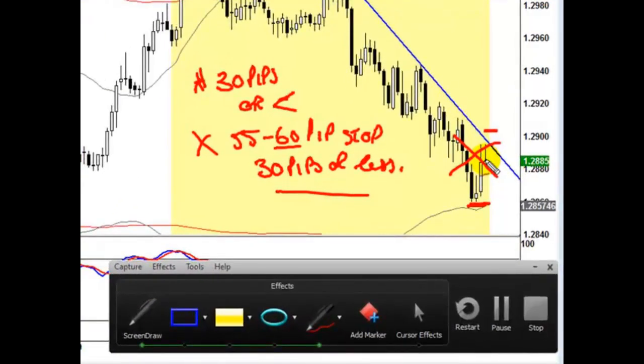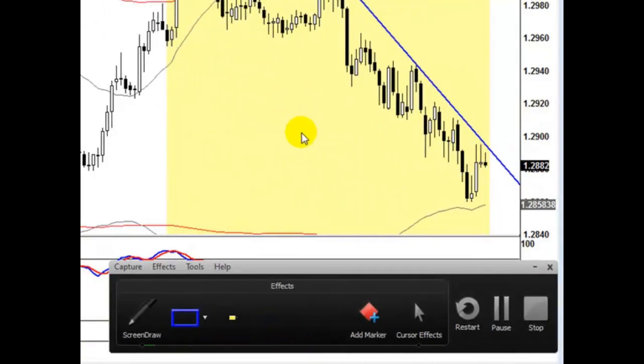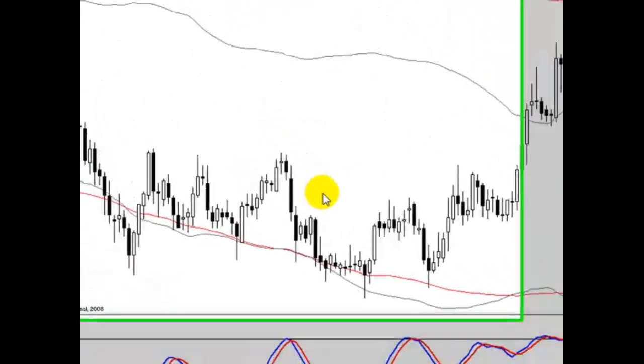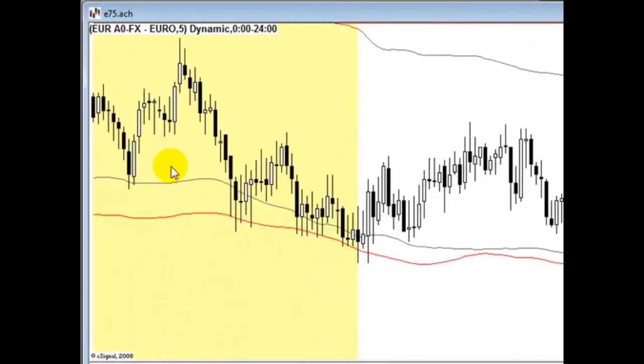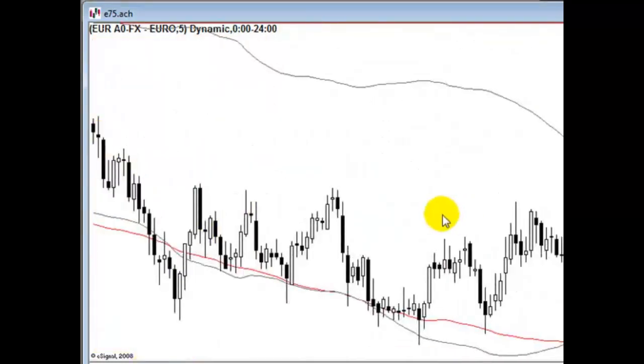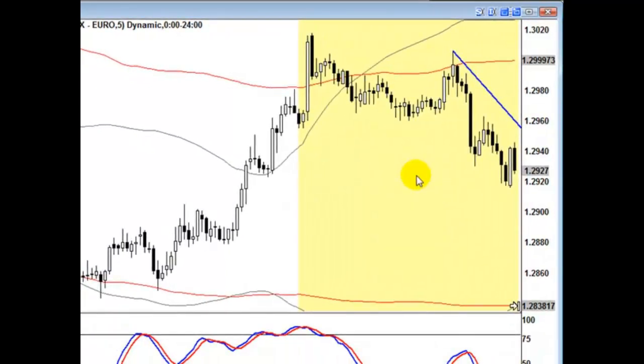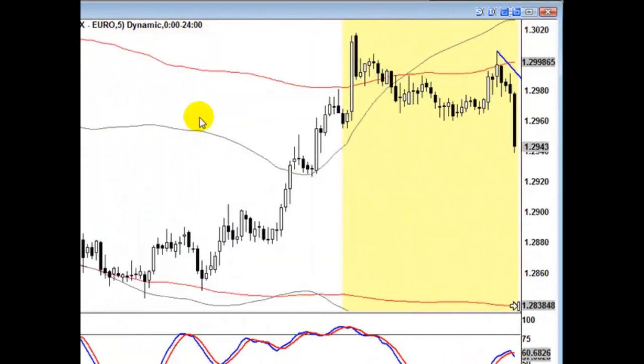Okay, now I'm going to show you an example of the entry and where the stop loss should be. I'm going to give you a couple of other examples. So this is the key. Just remember, we want the stop loss 30 pips or less. So let's go and have a look at, we did have a couple of other trade entry examples, and we might not get a good example on this currency.